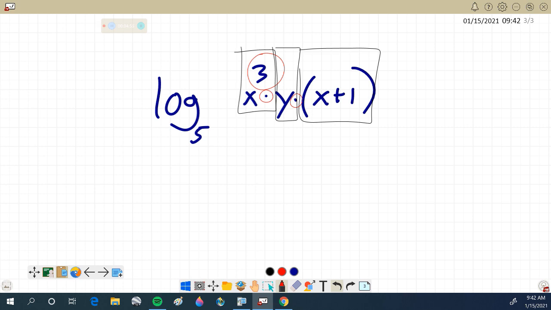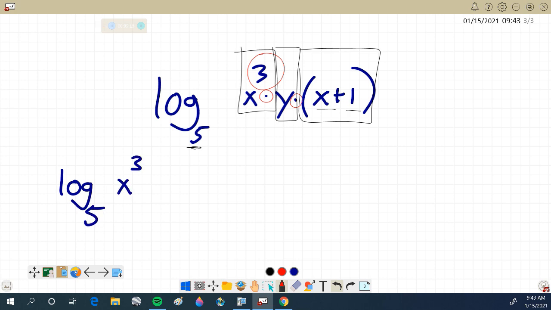Why can I not split those? Because they are added. The rule is the product rule, and product means multiply. So, they're all going to be log base 5. The first one is log base 5 of x to the third.